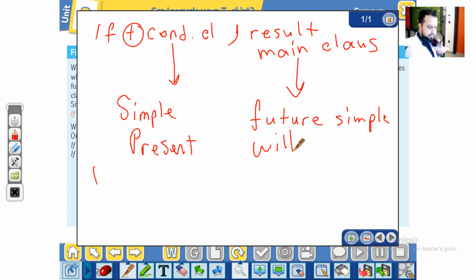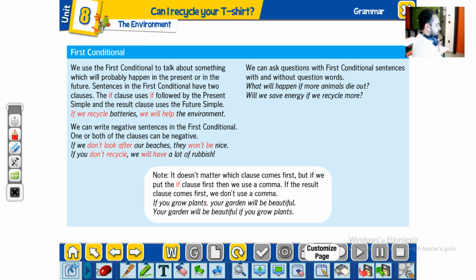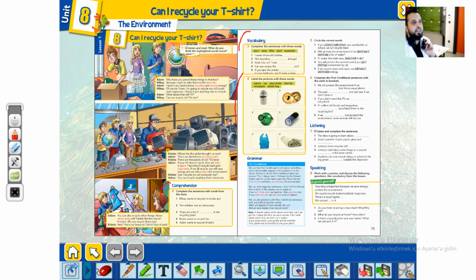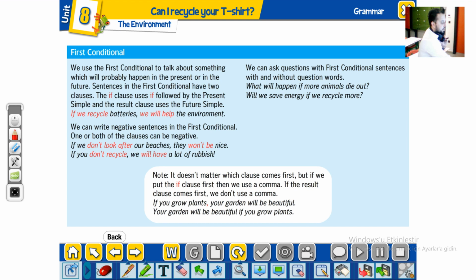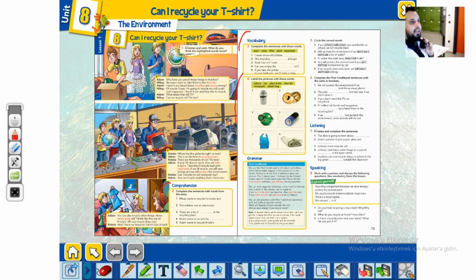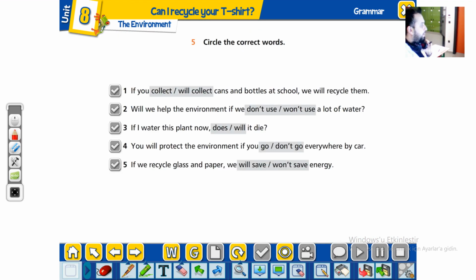It's not important. Now let's do exercise 5. Please stop the video again. Do exercise 5 and exercise 6, and after you did, we are going to check it together. Please stop the video now.